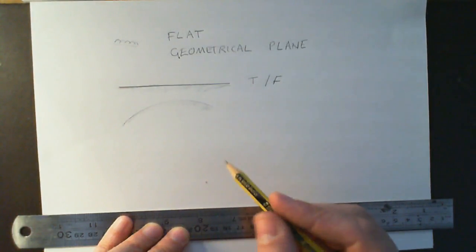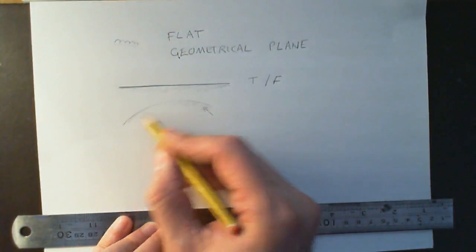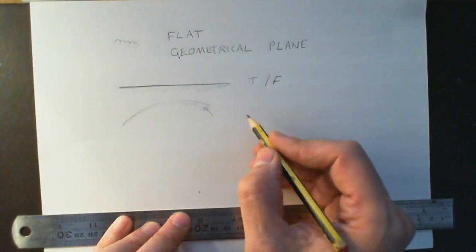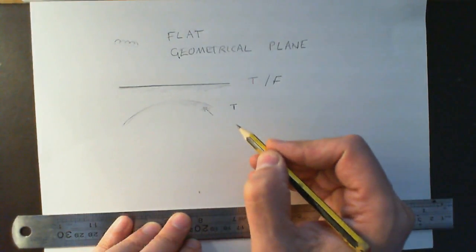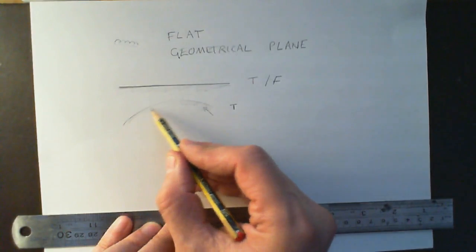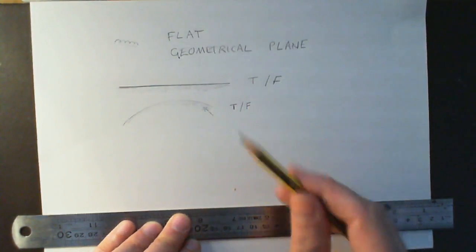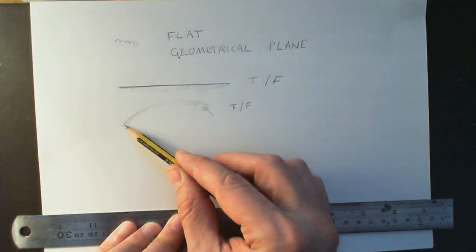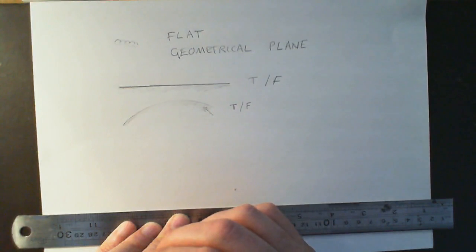So the question is, this surface here, where this line is touching, is it a geometrical plane? If I was to say this surface is a geometrical plane, is that true or is that false?